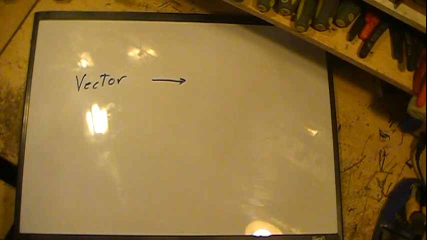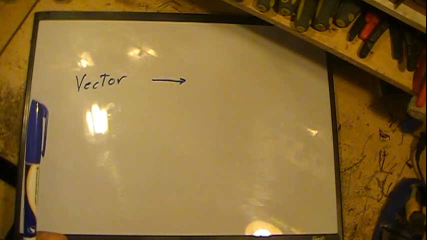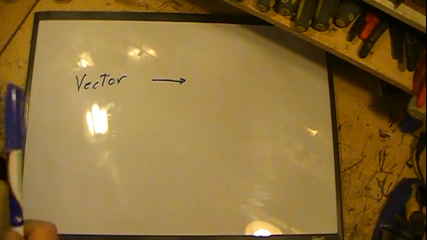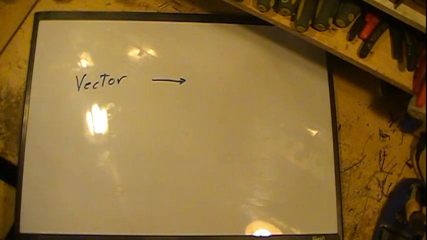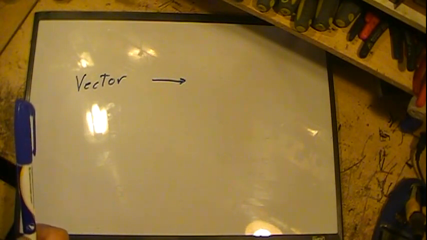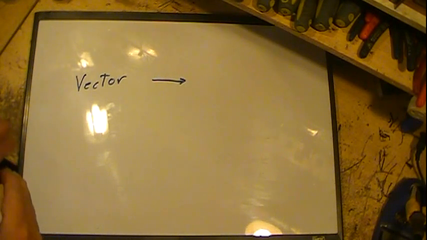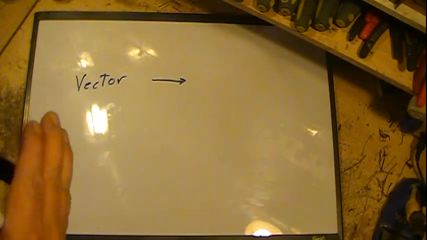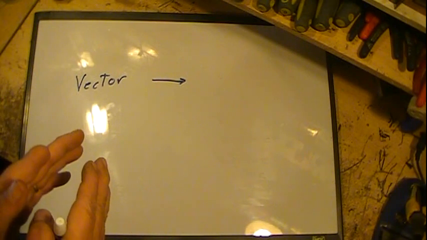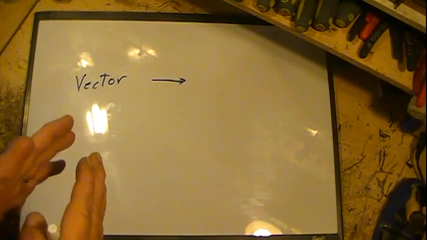If I continue quizzing you and you end up giving me information saying I'm going 60 miles an hour due north, now I have a vector. Because a vector is nothing but a magnitude, the speed in this case, 60 miles an hour, and a direction, which is due north.